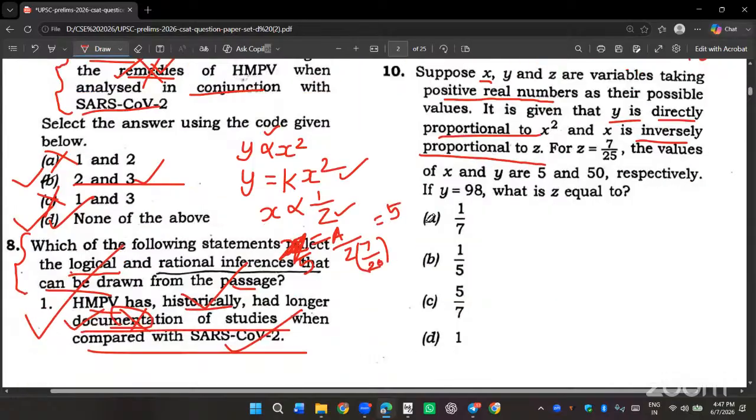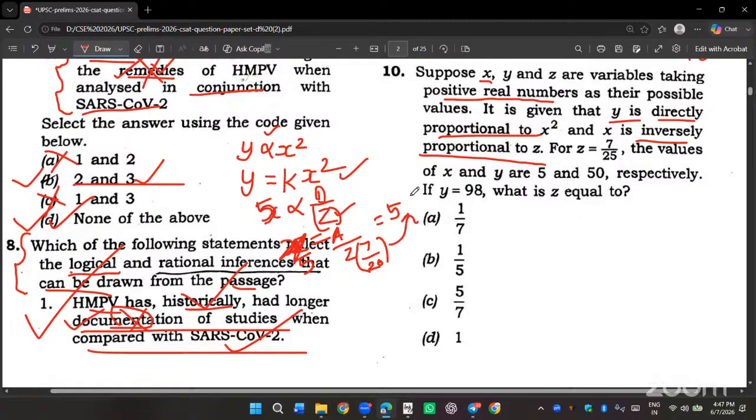Okay, now we will move on to this. So here, the value of x should be 5. Z is given. Then what will be the value of this constant? What we have to do? We have to send this to this side.